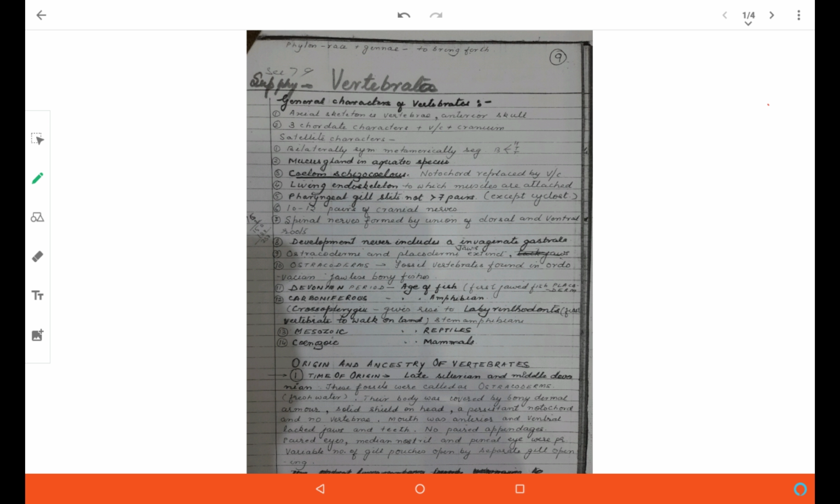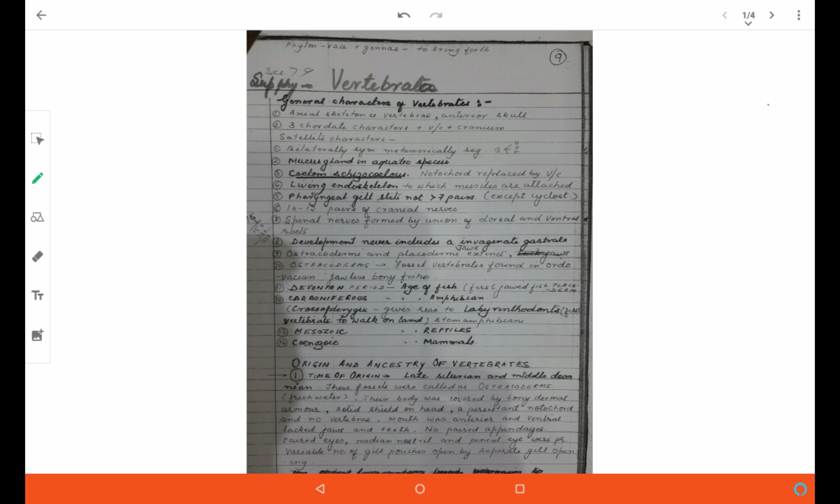That means the bones arose earlier than cartilage, because the ostracoderms bore a dermal bony armor around their body, and the cartilage developed later on.